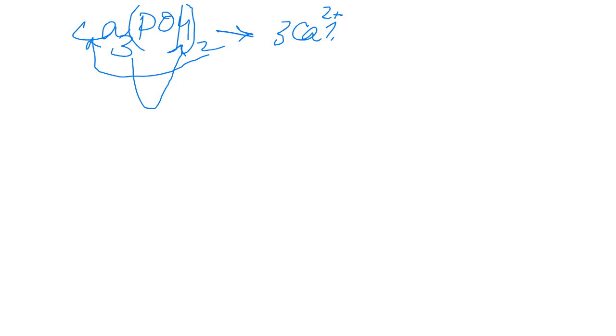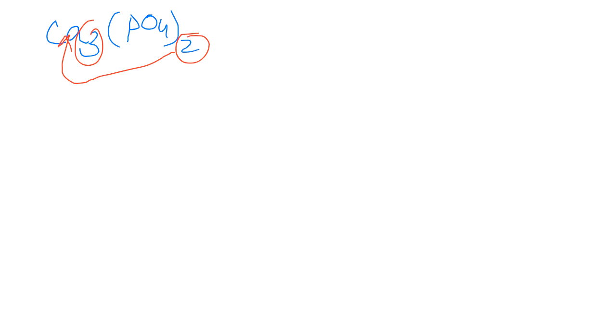So this is calcium phosphate. This 2 belongs to calcium, and this 3 belongs to phosphate. So you will write here calcium 2 plus, phosphate 3 minus.